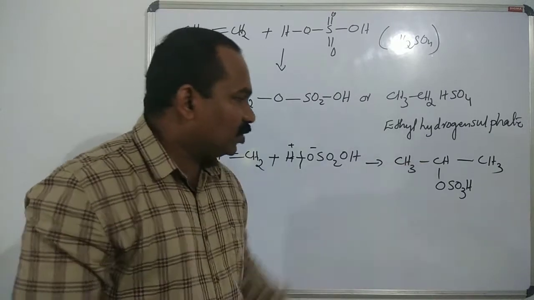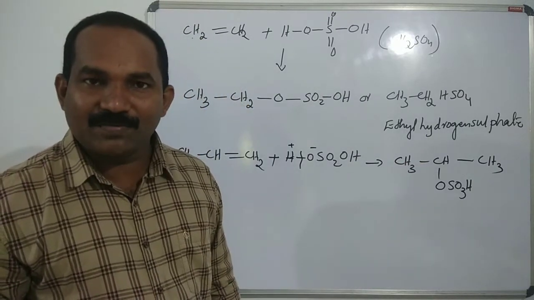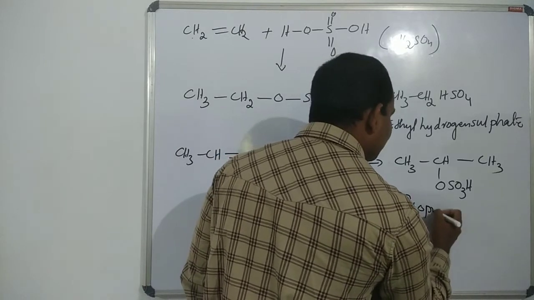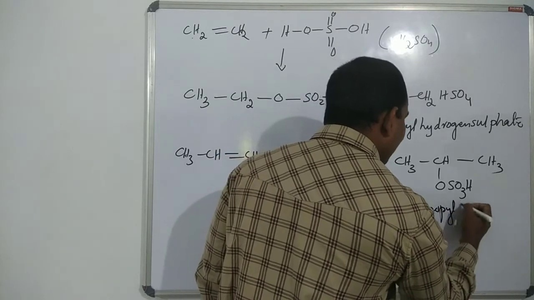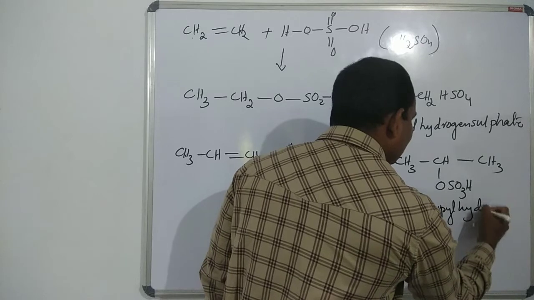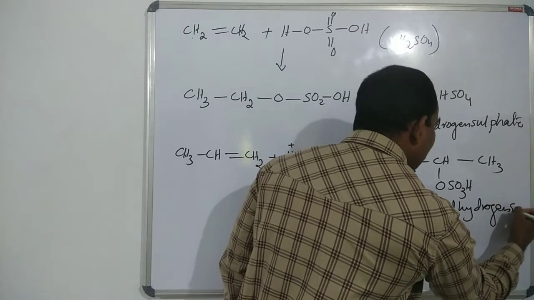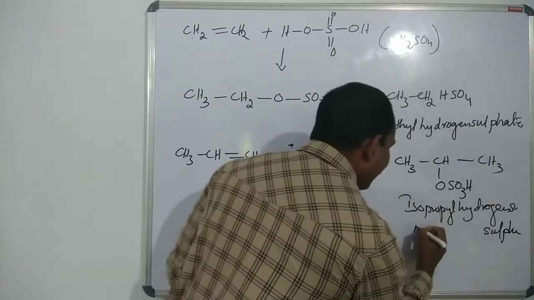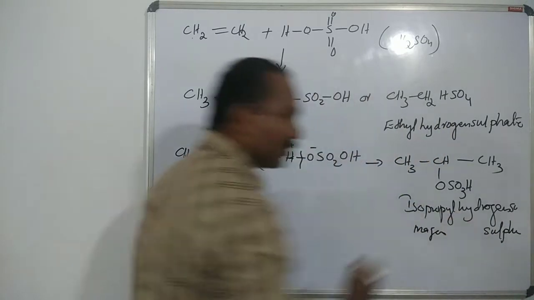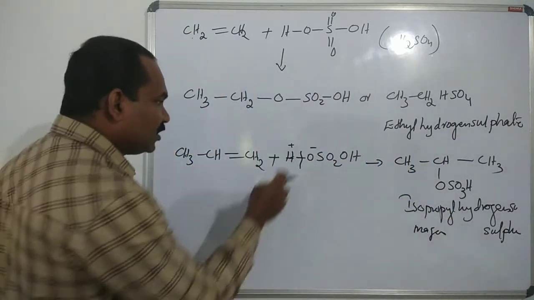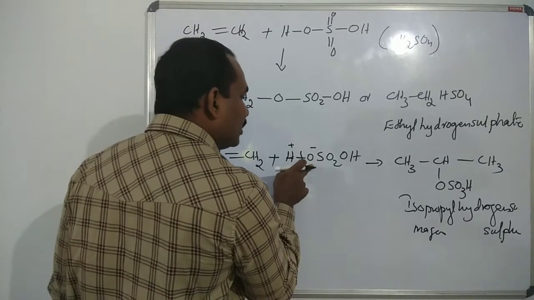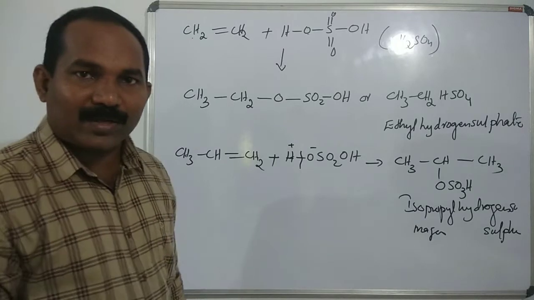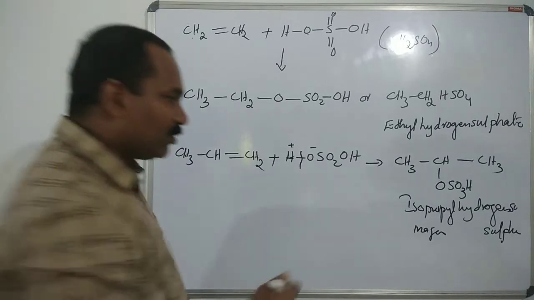This is isopropyl hydrogen sulfate. And this is the major product. What is the minor product? The minor product is where this species gets attached to the carbon that possesses a large number of hydrogen atoms.